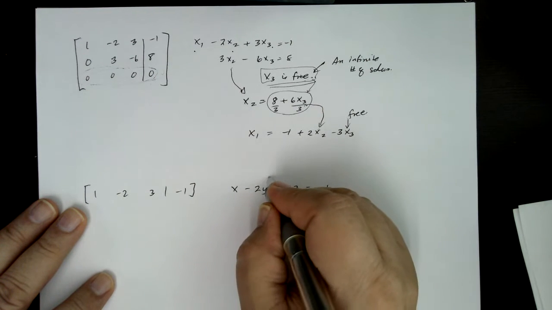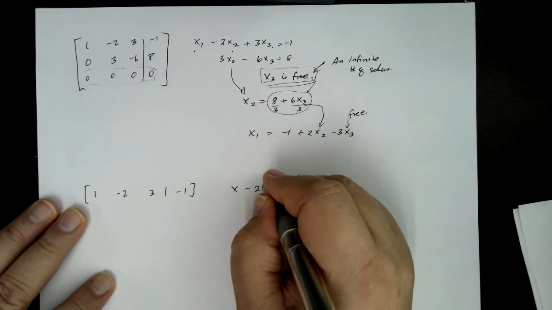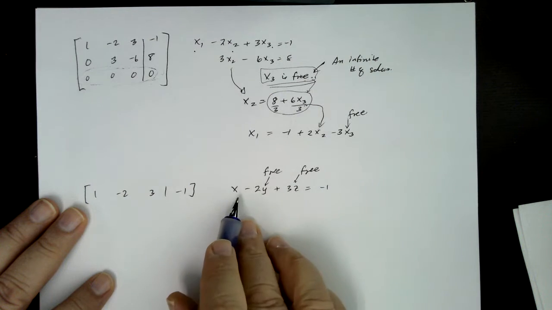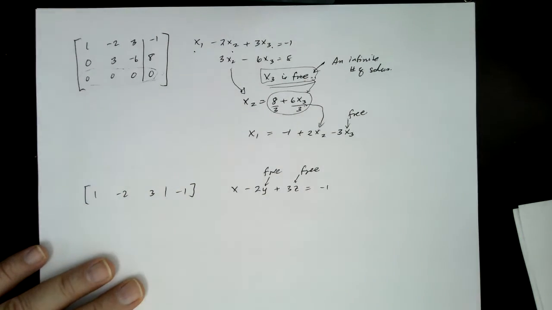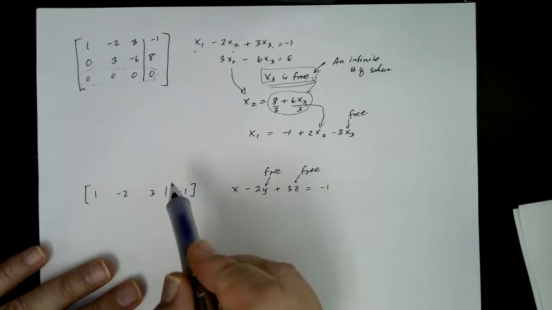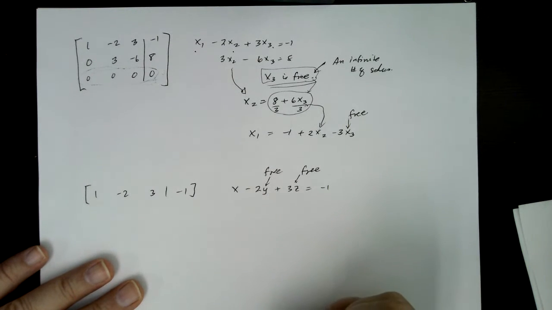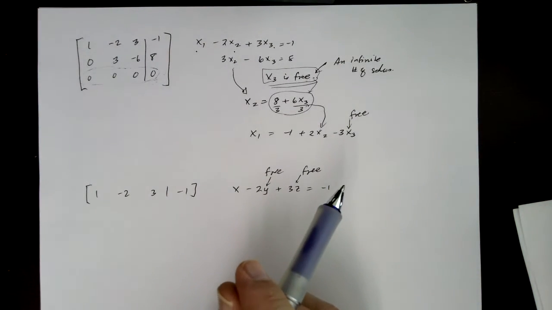And so in fact, you could think of y and z as two independent free variables. So this is free and this is free. And then x could be defined in terms of those two. So in this case, you have two free variables. Okay, so a row of zeros is not necessary for you to have free variables. But if you do have a row of zeros, that might mean that one of your variables is free.